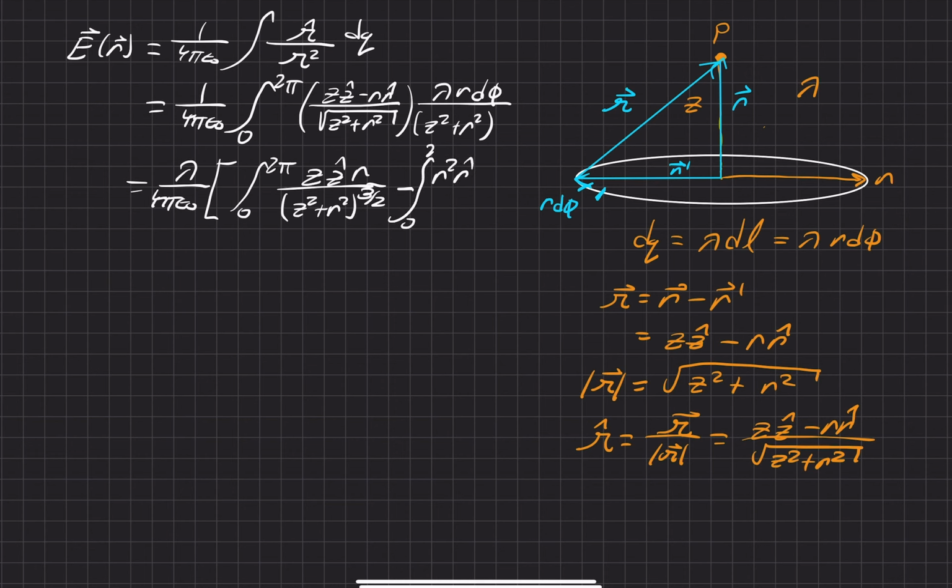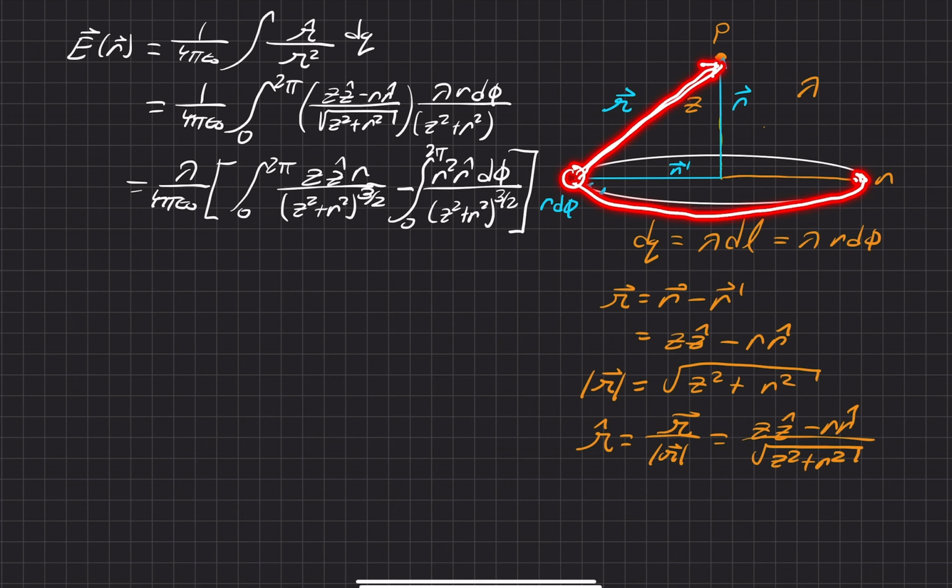Integral from 0 to 2 pi d phi. And then z squared plus r squared. A little crowded right there, but no big deal. So as you can see, if we look back over here, as this r vector sweeps across here, the contribution of the electric field from every point has a component in the negative r hat direction.